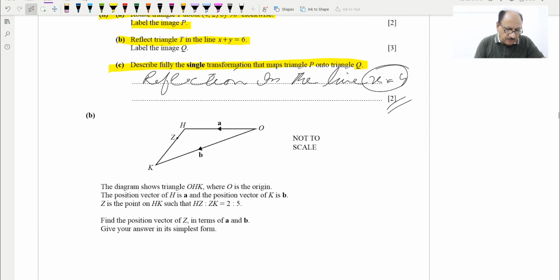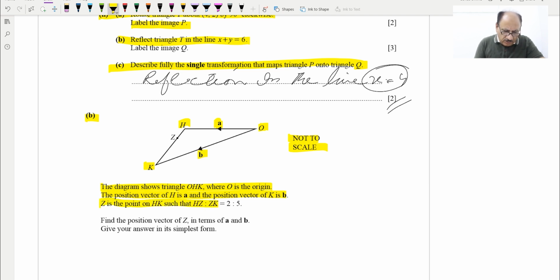Hopefully you got this. Now for part B. It says the diagram is not to scale, and the diagram shows triangle OHK. O is the origin. The position vector of H is a, and the position vector of K is b.